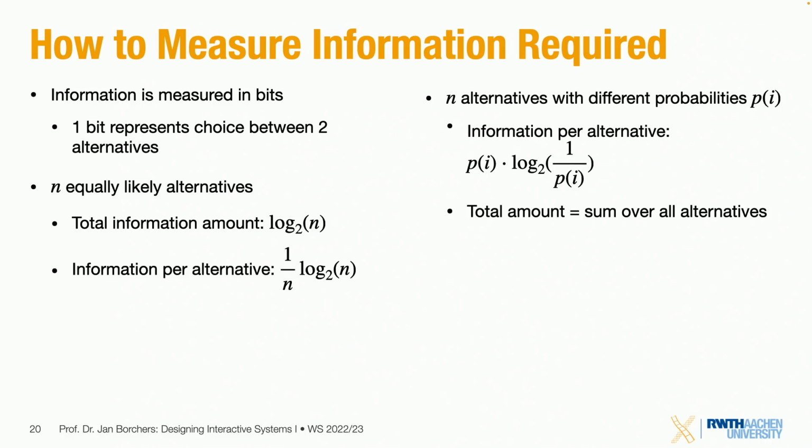Sure. And this means finally that if you want to understand the total amount, you just sum it up over all of these i's, and then you get the total information amount for cases where the likelihoods are not all the same.